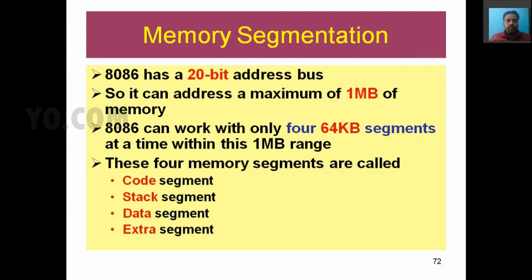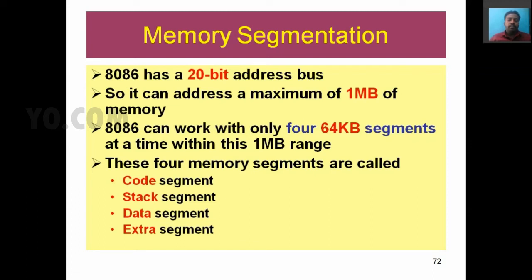So it can address a maximum of 1 MB of memory. How does 1 MB come? 2 power 20 equals 1 megabyte. The 8086 can work with only four 64 KB segments at a time within the 1 MB range.